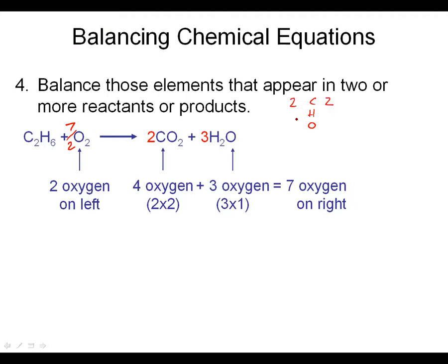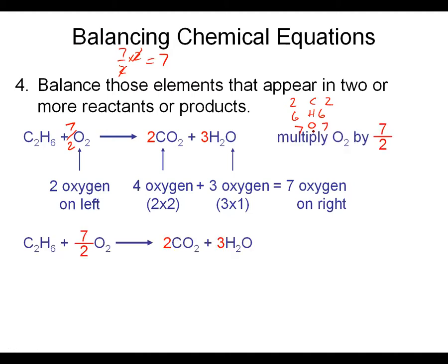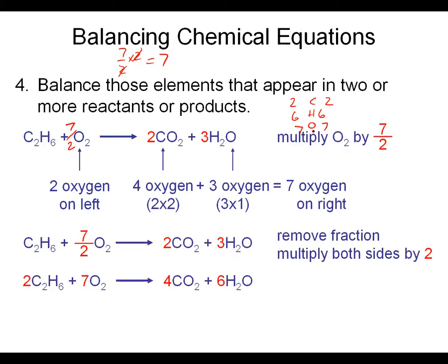Hydrogens, you would have 6 on the left, 6 on the right. Oxygens, 7 over 2 times 2 would give you 7. And we would still have our 7 on the right, which means that technically speaking, this is a balanced equation, right? Now, the one thing that we did talk about was when you are done, all these coefficients have to be whole numbers.